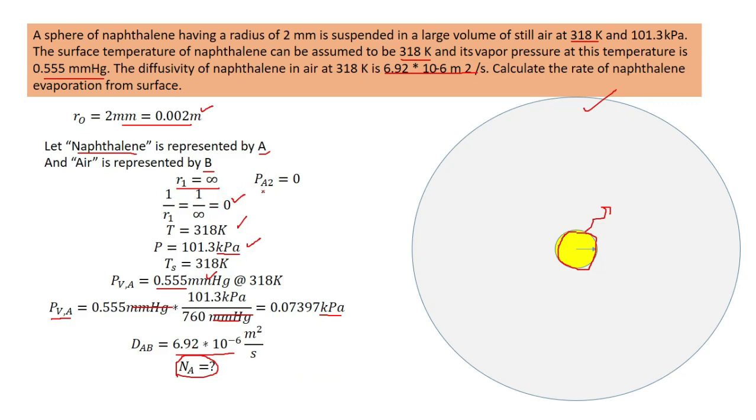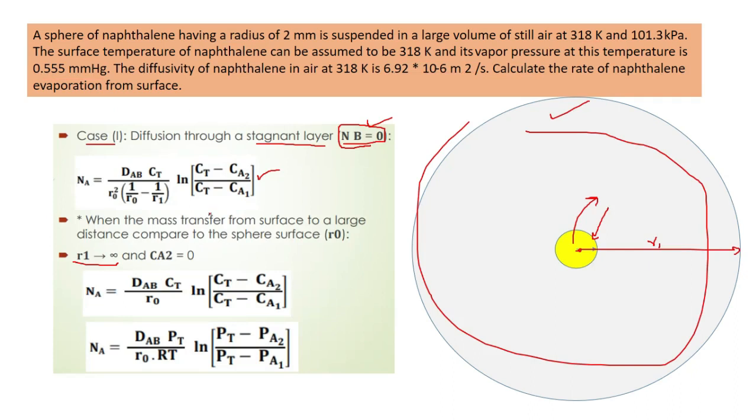And the partial pressure of naphthalene at the infinitely far point is 0, so its concentration becomes 0.